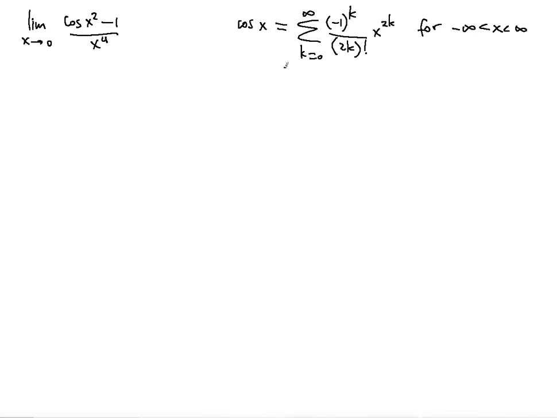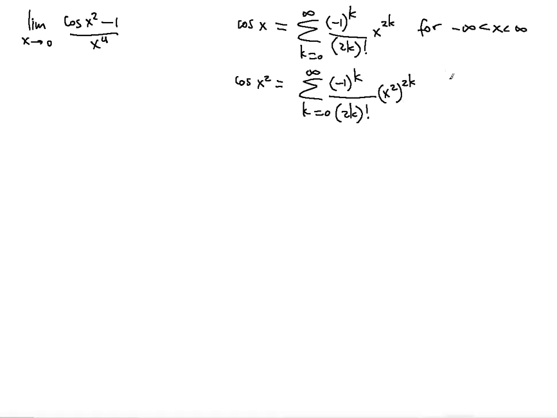Now, cosine x squared means that we will simply replace the x with x squared. So that's going to be (−1)^k. This doesn't change. The bottom doesn't change, (2k)!, but x is replaced with x squared, so (x²) to the 2k.